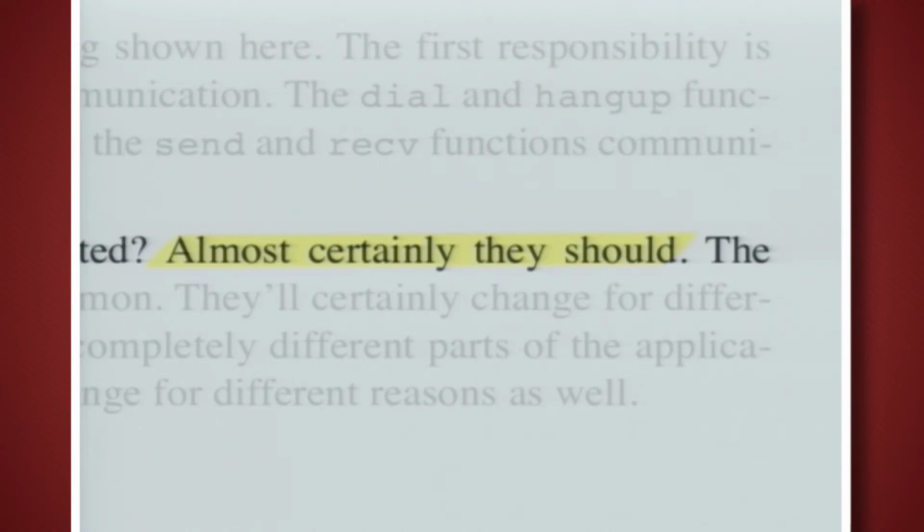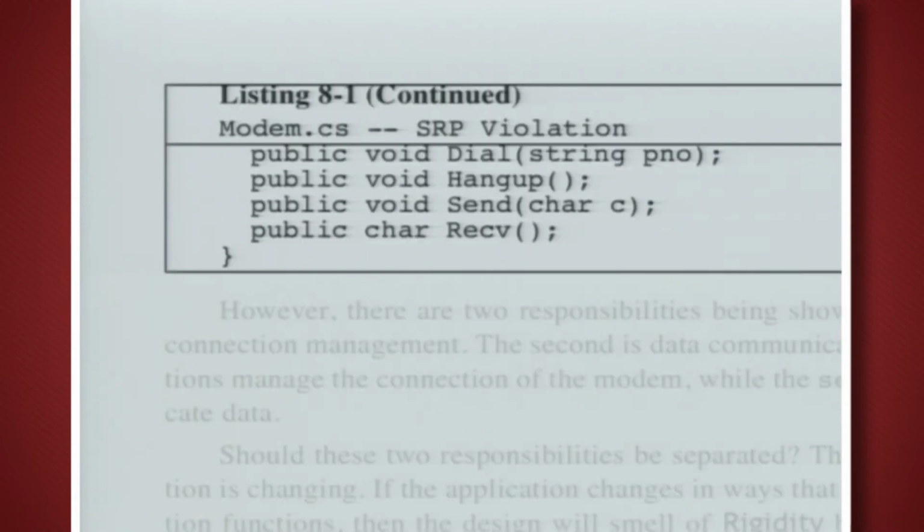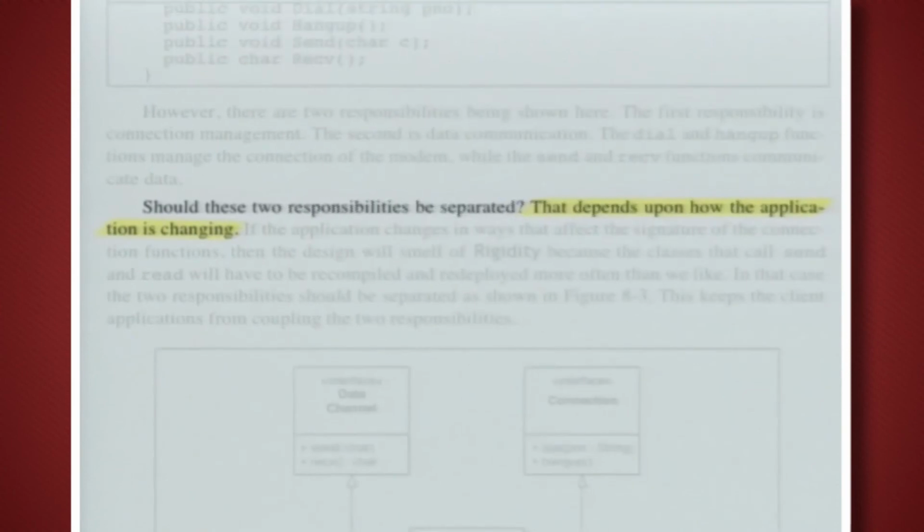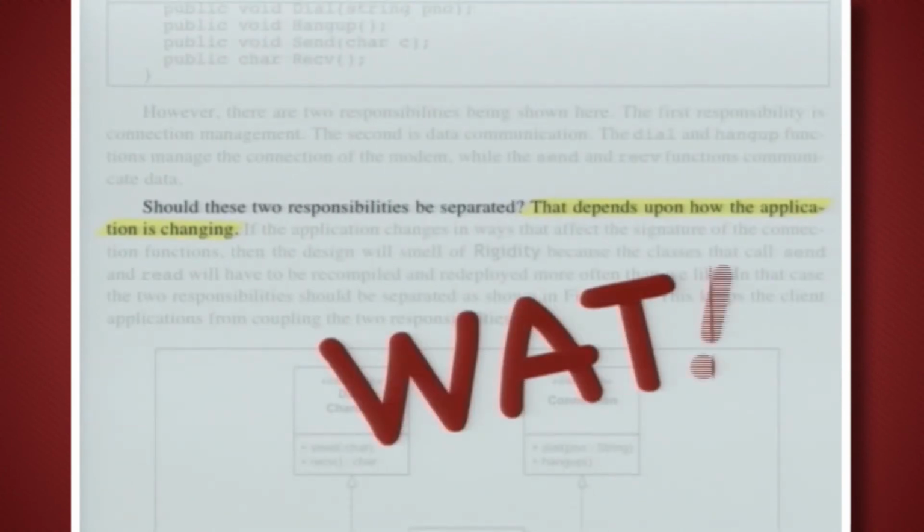You know, this is an article about the SRP, so it makes sense to show an example that violates the principle. The thing is that in the other version of the article, the very same example is shown, and the very same question is asked. Should these 2 responsibilities be separated? But now, the answer is slightly different. That depends on how the application is changing. What?